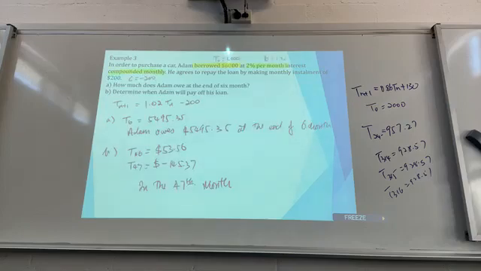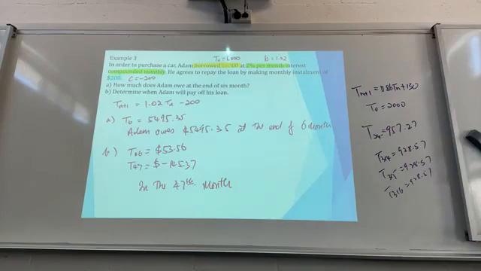All right? So the way I interpreted this question is I highlighted the word borrow 6,000. I know that that's T naught. So initially I borrowed 6,000. And then B is 1.02 because it's a 2% per month interest rate, compounded monthly. Then he agrees to pay the loan by making monthly installments of 200.